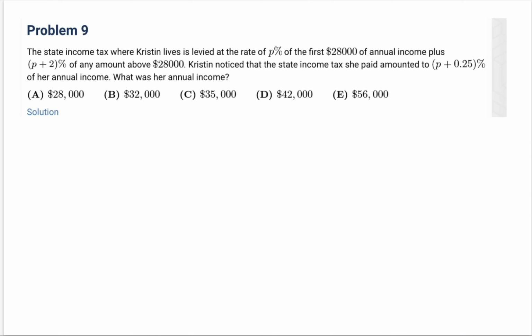So it's 280P plus, if there's X dollars more, then we will have P plus 2 times X over 100.